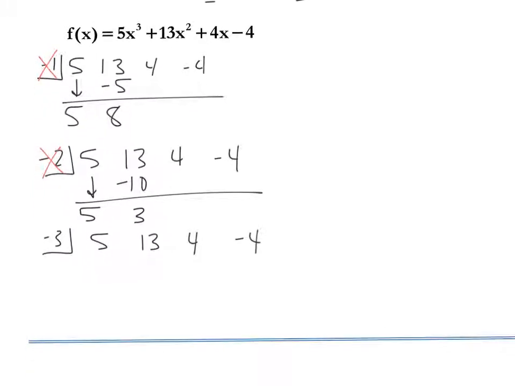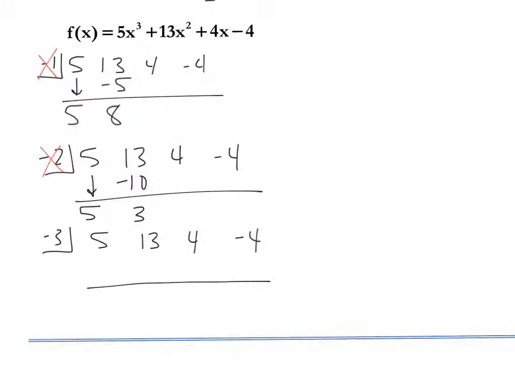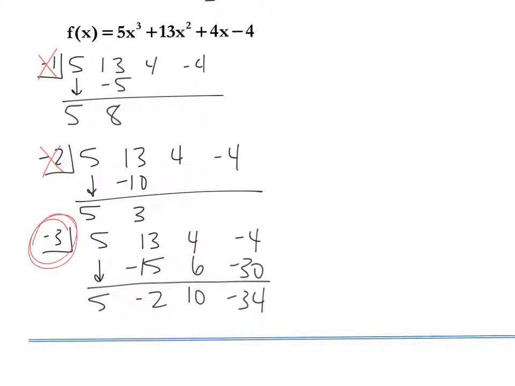Some of you might be able to visualize which answer it's going to be based on how good you are at predicting some synthetic division stuff. -30, -34. Boom! Look, signs are alternating. This means that -3 is the greatest lower bound. And that's how you find it.